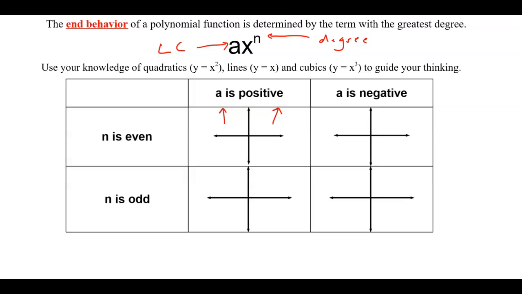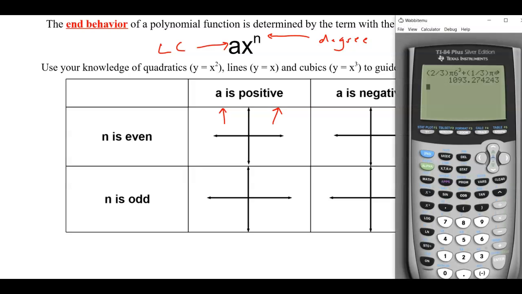So if I pull out my handy dandy calculator here, and you can use Desmos to graph if you'd like, but if I graphed a positive leading coefficient and an even degree, in this case I just picked a 2. If you graph that, we can see it starts at the top and it ends at the top. We got a parabola there.